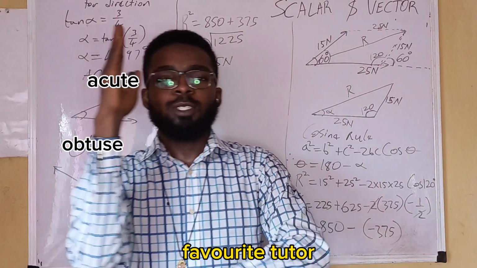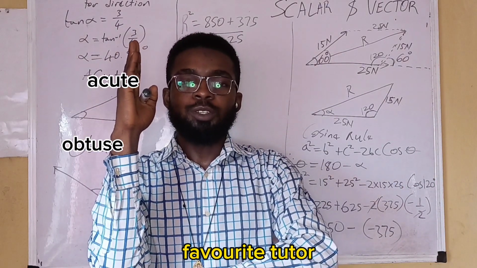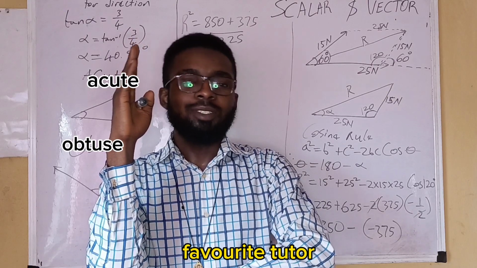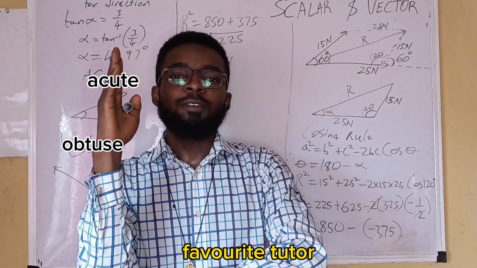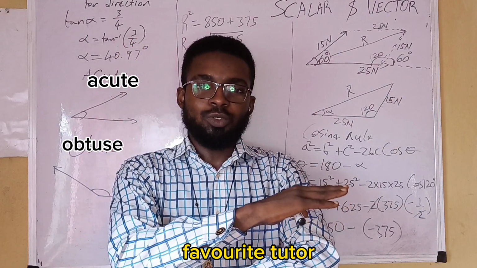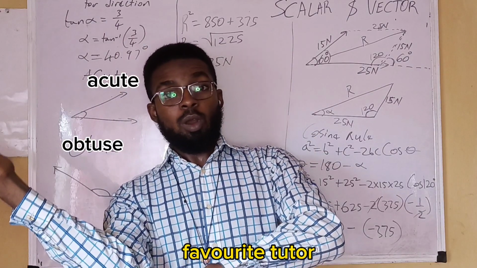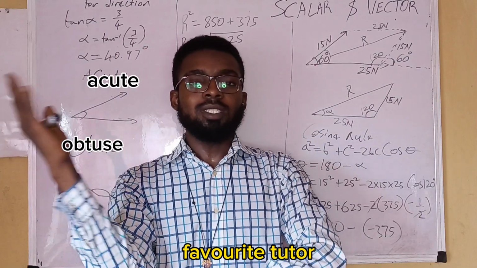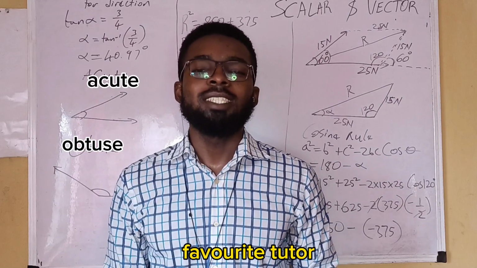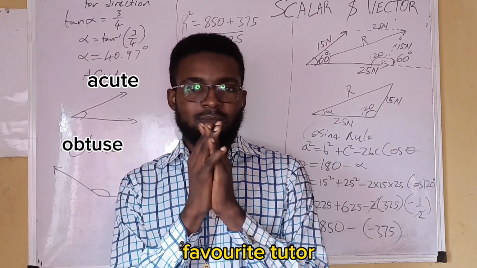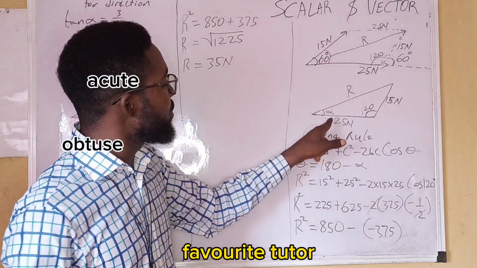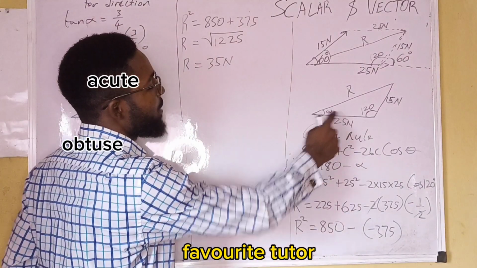Vectors that are perpendicular to each other, we use the Pythagoras theorem to get the resultant. For vectors that are acute or obtuse, we use the cosine rule to get the resultant. And to get the direction, which is alpha, we use the sine rule.